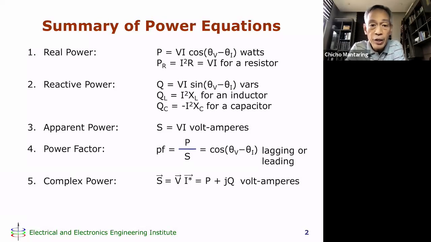Power factor is the ratio of real power over apparent power, so that's P over S. Because VI is equal to S, P over VI is simply the cosine of the phase angle between the voltage and the current phasor. But you have to specify whether the power factor is lagging or leading.